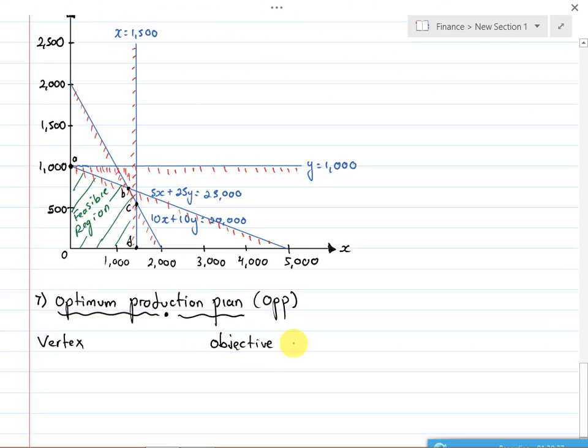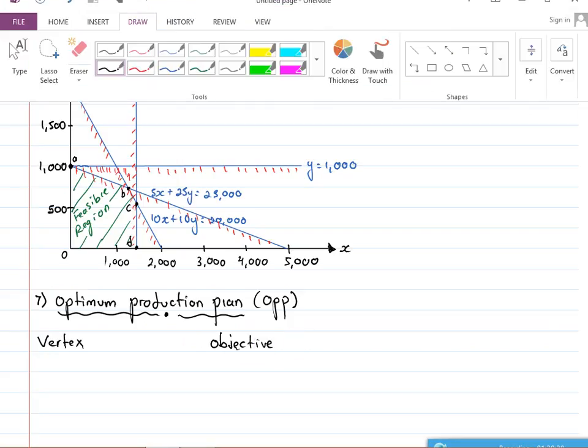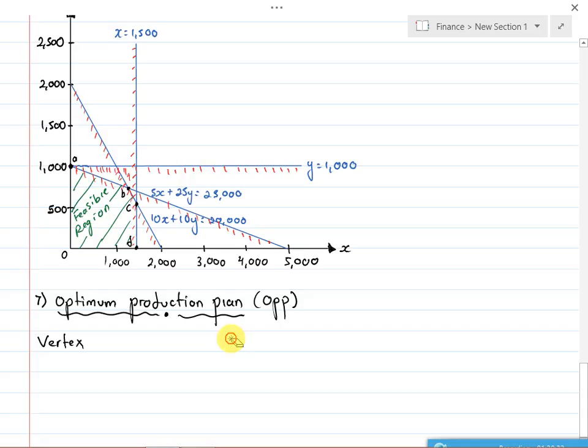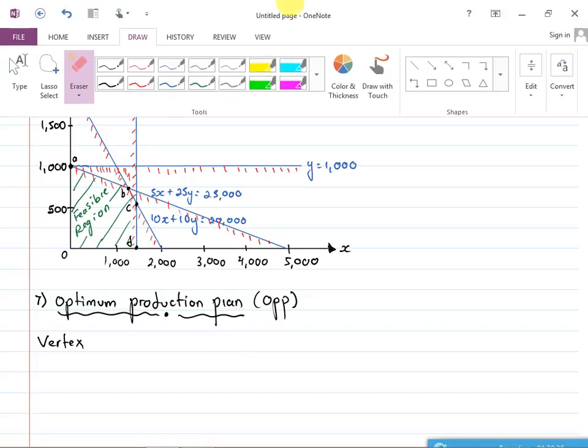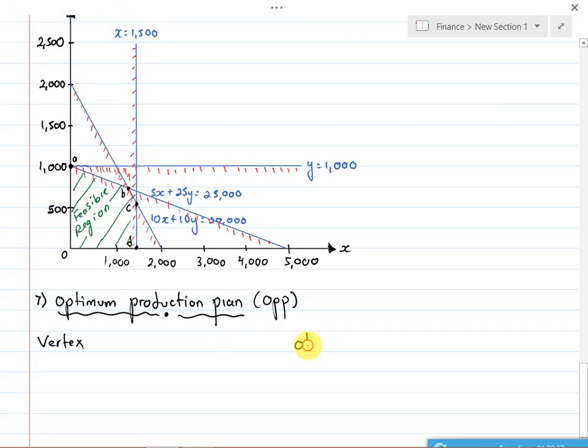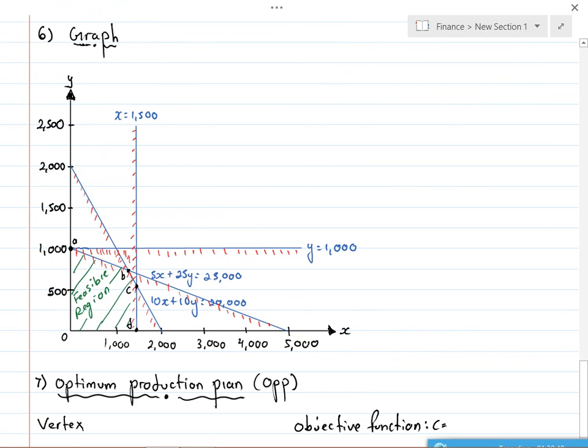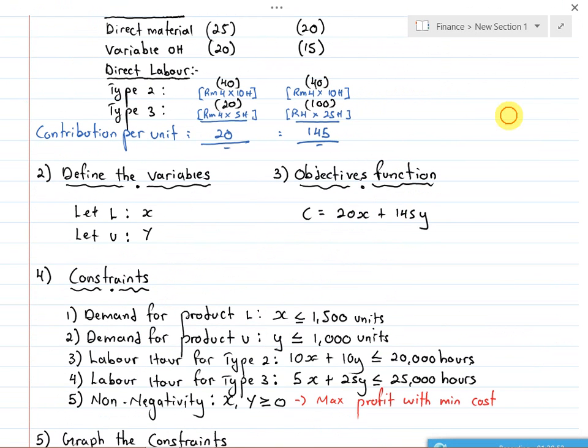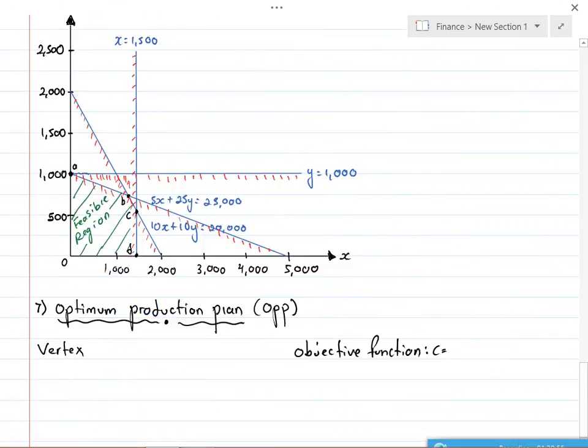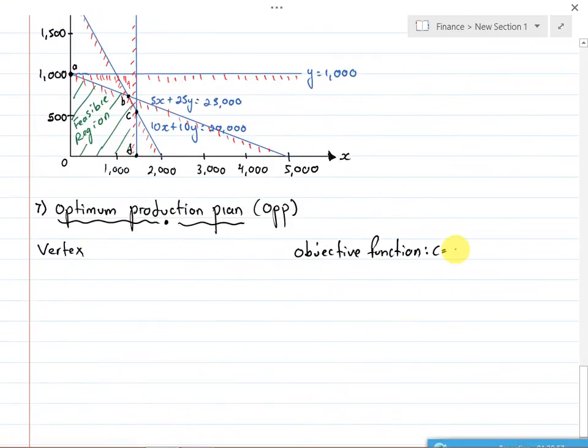We need more space over here, so let me put it over here. Objective function, which is C equals to what? How much the objective function just now? 20x plus 145y. So vertex and your objective function.